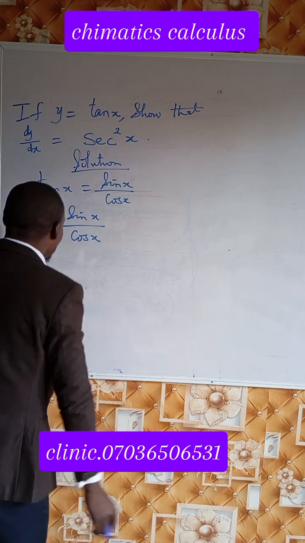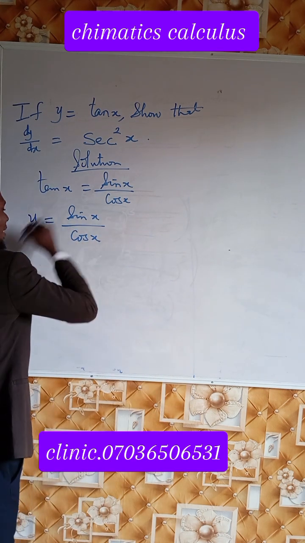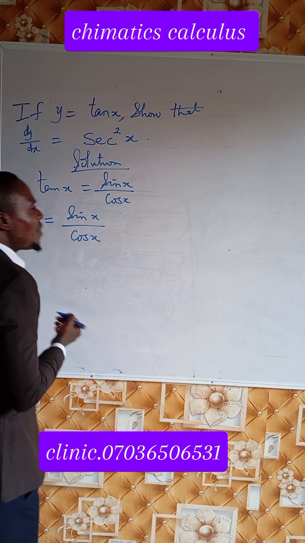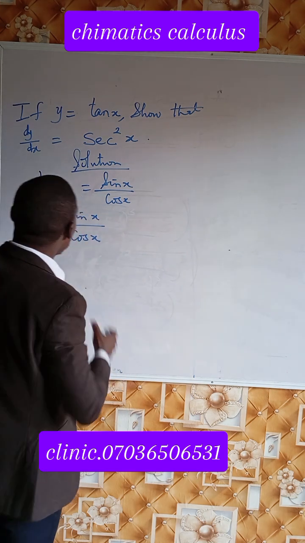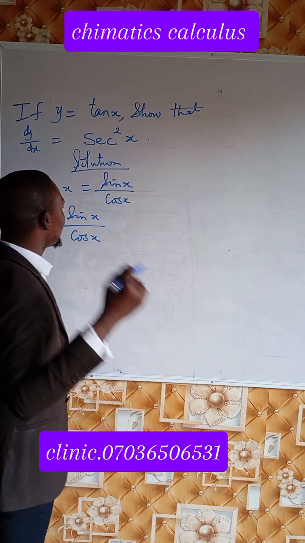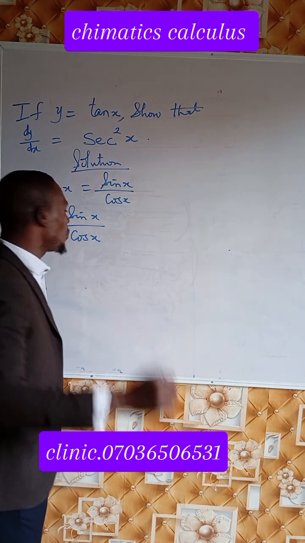Now, how are we going to differentiate this? When you have a function in quotient form, in fractional form, you apply one of the rules of differentiation called the quotient rule.